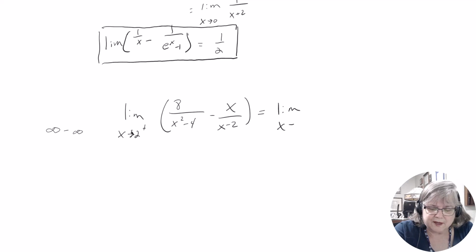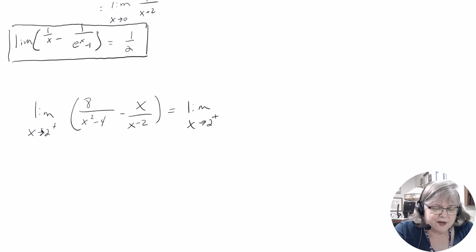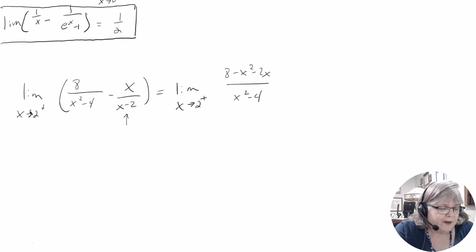So I'd have the limit as x goes to 2 from the right. And when you get a common denominator, because you would multiply this fraction top and bottom by x plus 2, you would get 8 minus x squared minus 2x over x squared minus 4, right? Now this looks like it has possibilities. So let's factor out a negative and we'd have x squared plus 2x minus 8 over x squared minus 4.